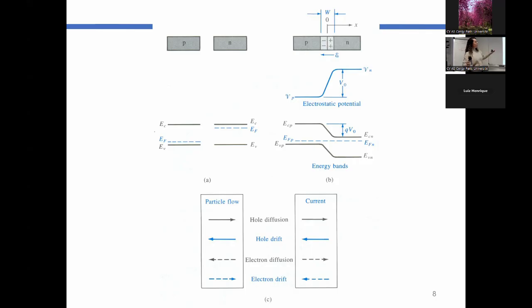So before the contact, we have the valence band, the energy gap, and the conduction band here, as we are analyzing two semiconductors with the same properties, just different doping. So we just have this shift in the Fermi level. What happens when we put them both together?